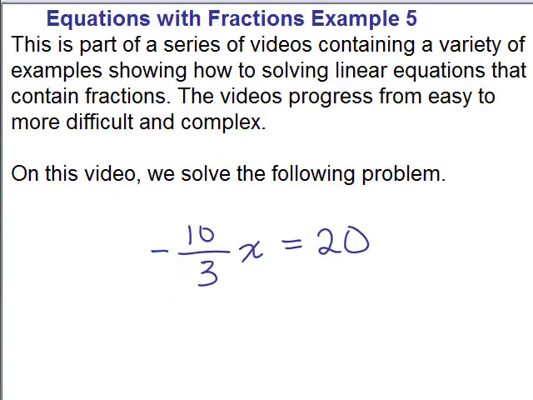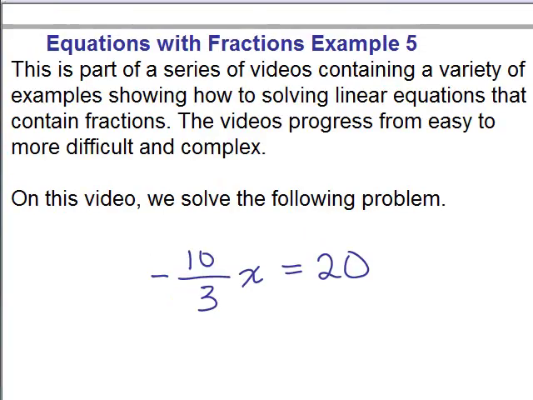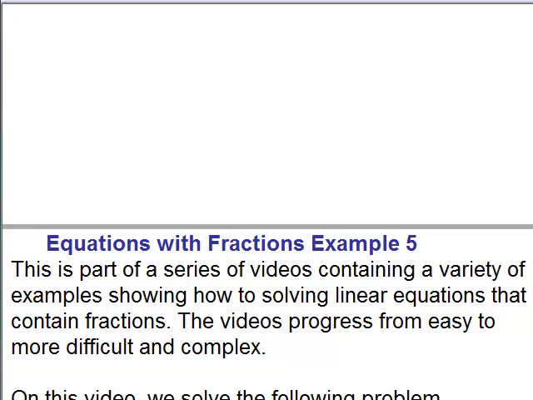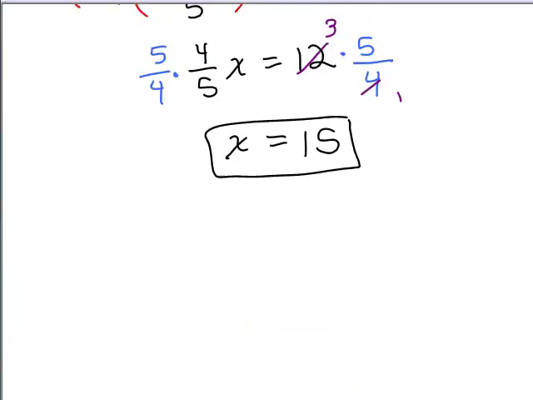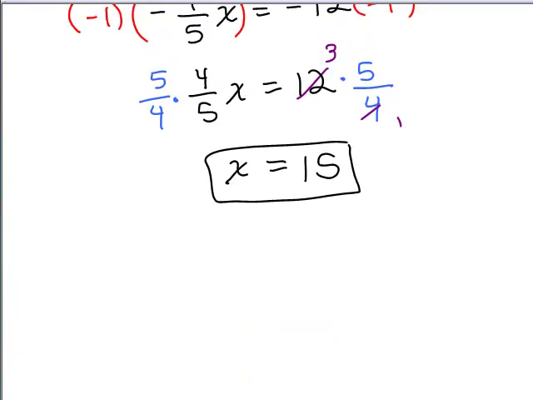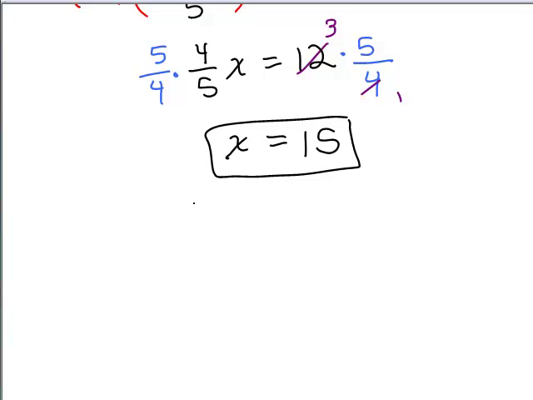Now the other way I showed you, whoops, getting a preview of the next problem. Went a little too fast. Okay, the other way you could do this exact same problem is 4/5 x equals 12. It was a negative, sorry, that was the original problem.